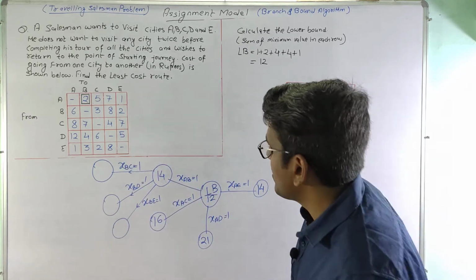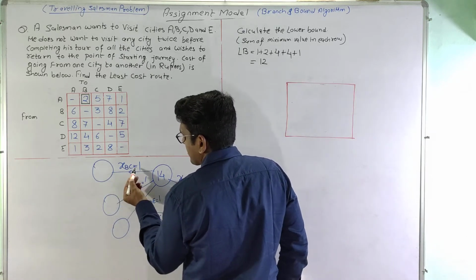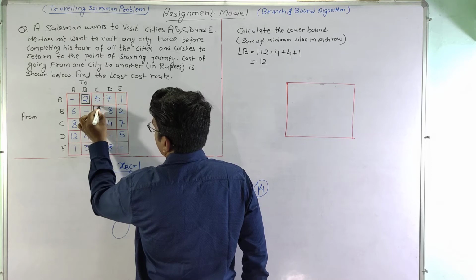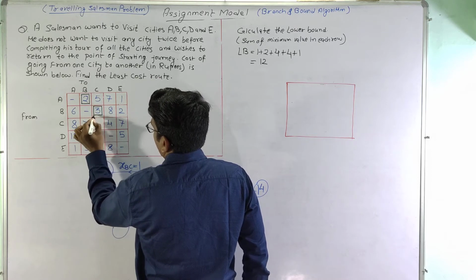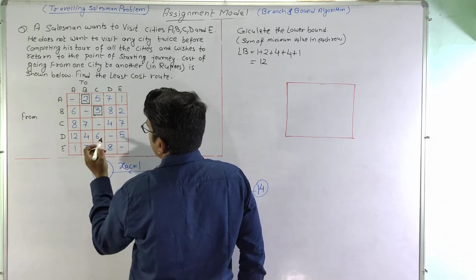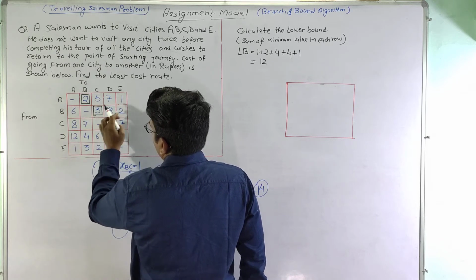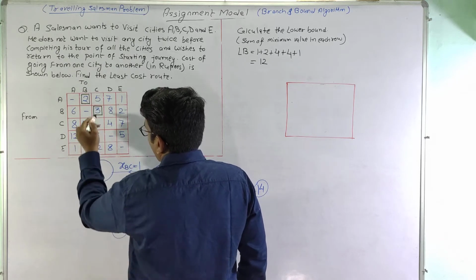And in order to calculate this, first we will take XBC, that means we will assign this particular cell, and once this cell has been assigned, no more assignment can be done in this particular row and this particular column.